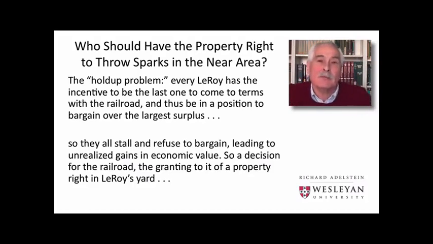And so, because of this incentive, every Leroy tries to become the last Leroy to bargain with the railroad, and so they all stall and refuse to bargain, and the railroad is unable to make any of the deals that it would have made and which would have been mutually beneficial not just to the railroad, but to all of the Leroys as well.